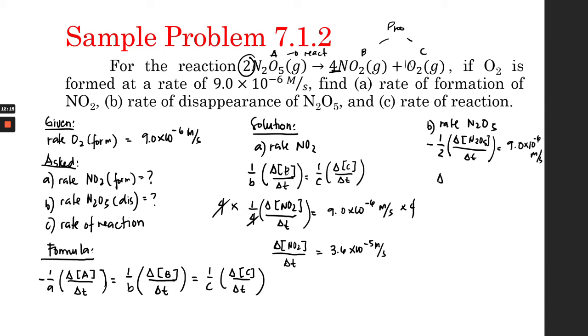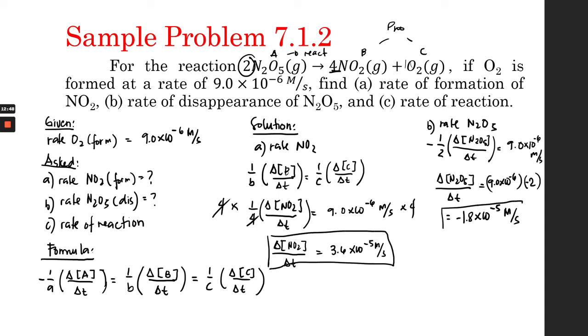So the change in the molar concentration of N2O5 over delta T is equal to 9 times 10 raised to negative 6 multiplied by negative 2. That gives us the rate of disappearance of N2O5, which is negative 1.8 times 10 raised to negative 5 molars per second.